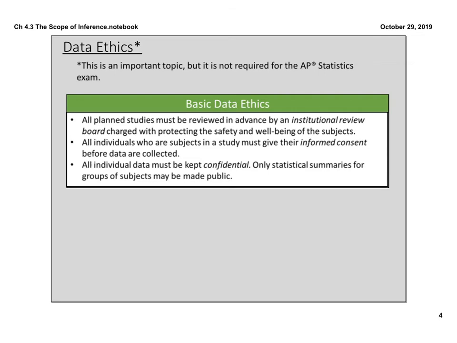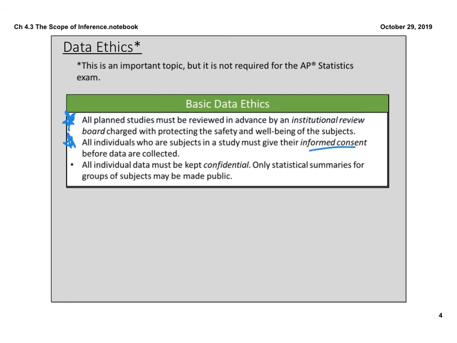So for basic data ethics, all planned studies must be reviewed in advance by an institutional review board charged with protecting the safety and well-being of the subjects. So it's really important that your study is an official study that's been approved by some board. Then all individuals who are subjects in the study must give their informed consent before data is collected.